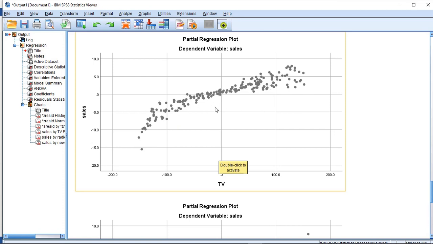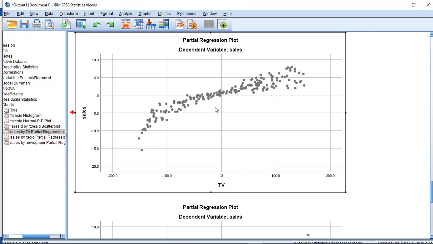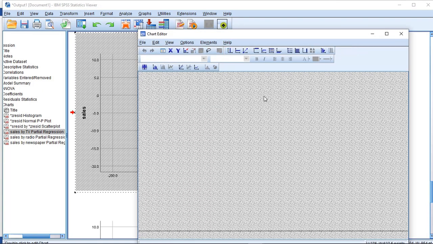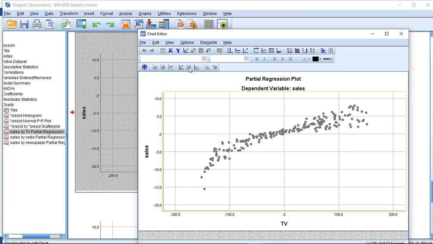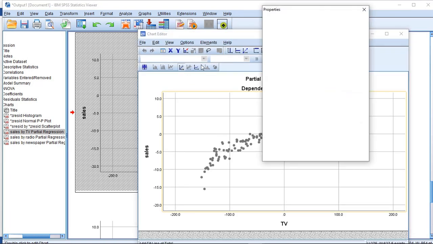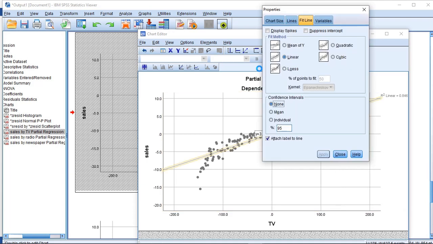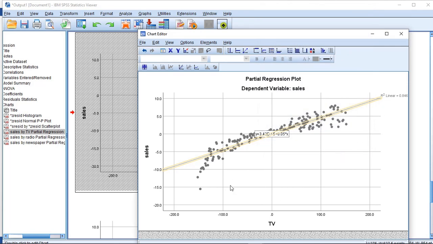If you want to find how strong it is, you can double click it and try to fit a line, the linear line here. So the relationship has an R squared of almost 0.89, which is a good relationship between sales and TV.